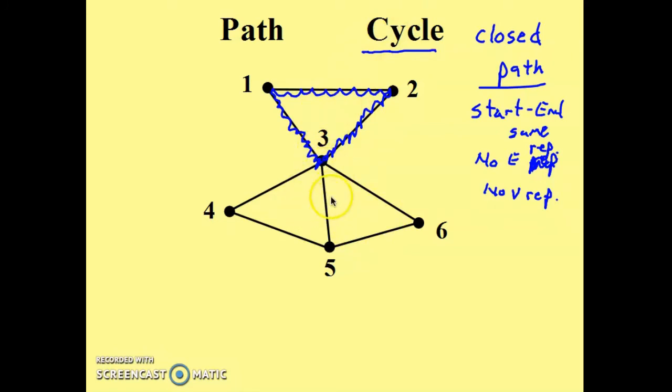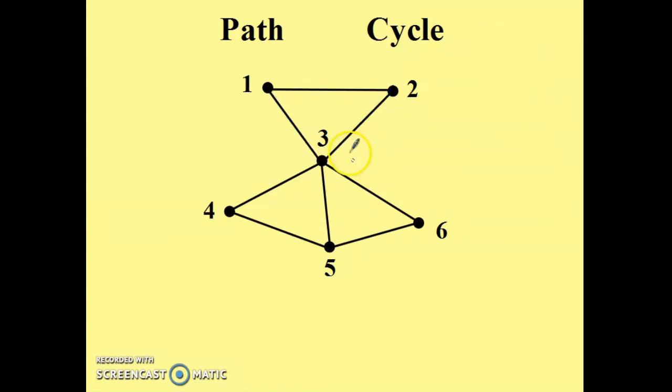I could make a cycle down in the bottom part with four of them, right? So starting at any one of them, doesn't matter with a cycle.